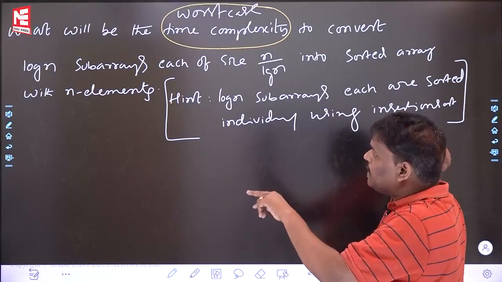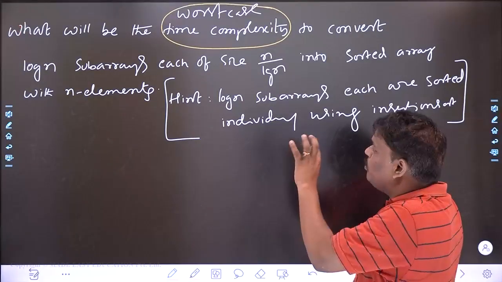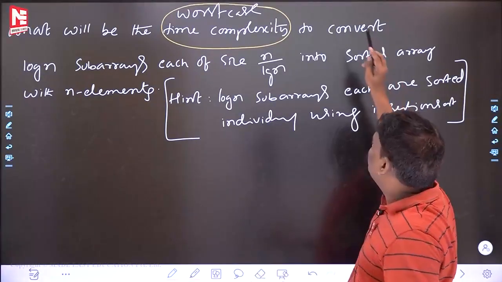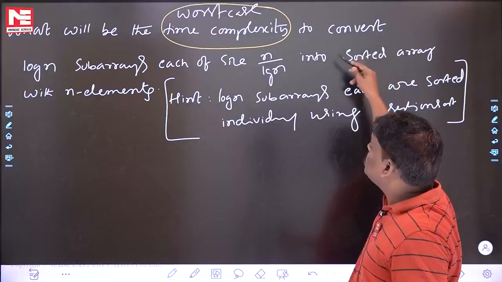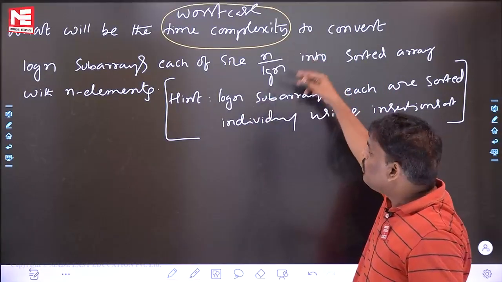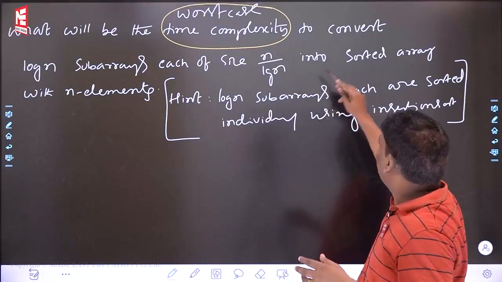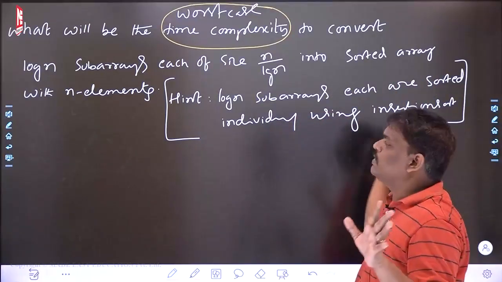Log n subarrays, each of size n by log n, means how many elements? N. Right?